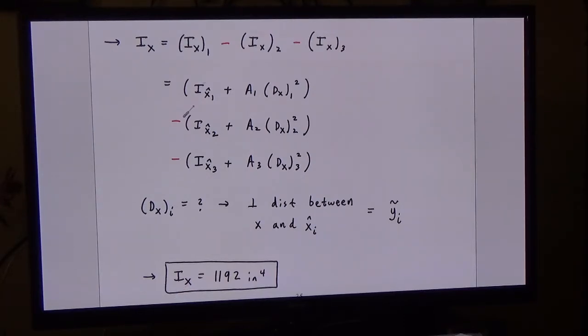Now I want you to go back and verify each of these things, and you need to understand where this is coming from, but in essence it's the same as we did in the last example. So I'm just going to skim through it.